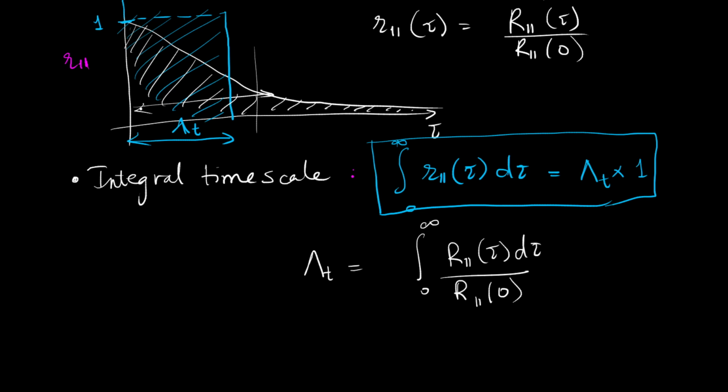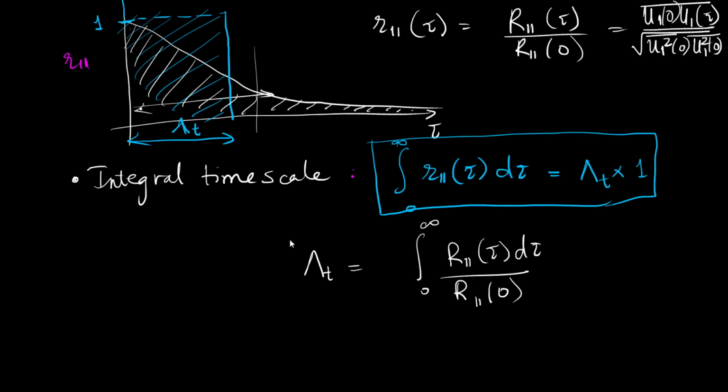And R11 of 0 will be some proper positive number, it will be some square. So this is essentially the ensemble of U1 0 U1 at tau divided by square root of U1 0 square U1 0 square, and this is all by definition.